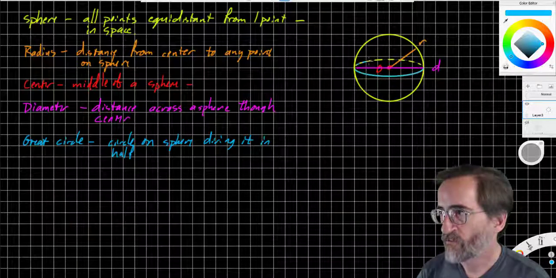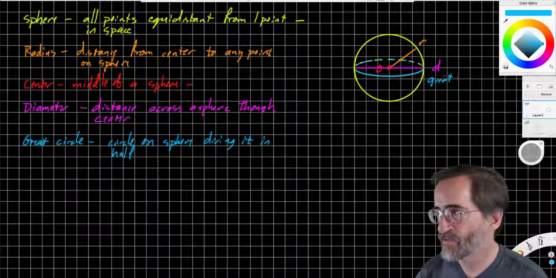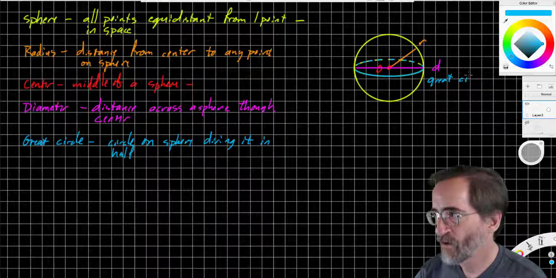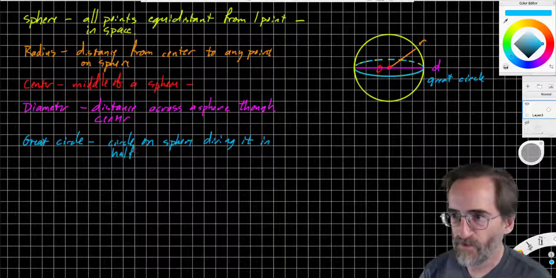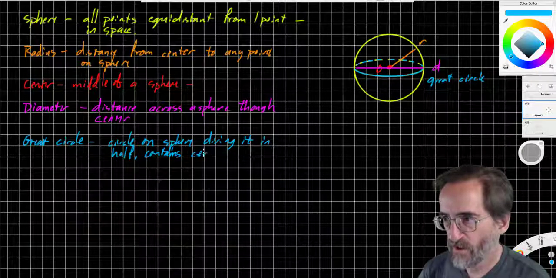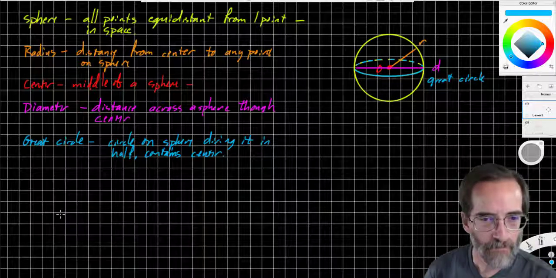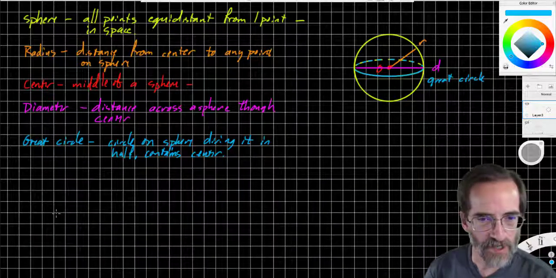And there are infinite great circles on a sphere, but a great circle has to be a circle that contains the center of the sphere. So that's another one. It contains the center of the sphere. Okay. All right, so diameters.